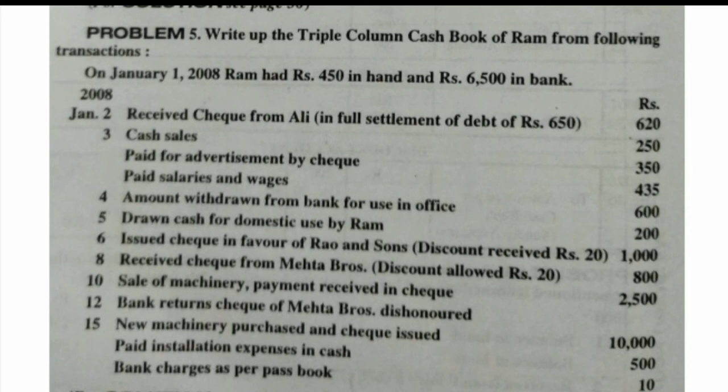Bank is on the credit side. So in the cash book on the credit side, by bank charges account, in the bank column you need to take these 10 rupees. Like this we have finished problem number 5 as well.